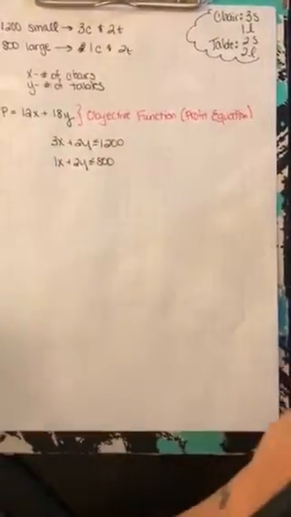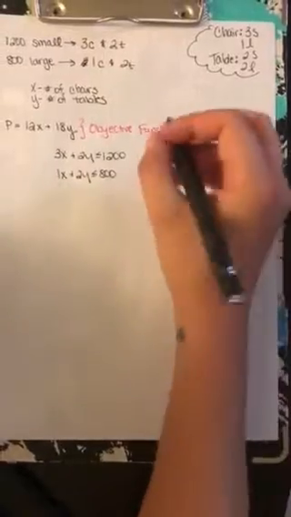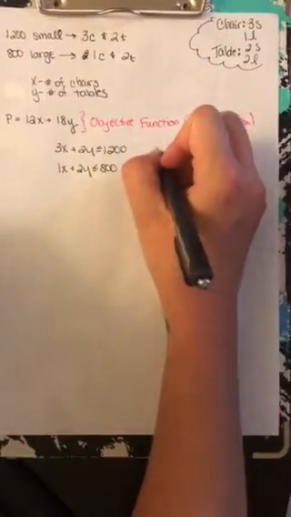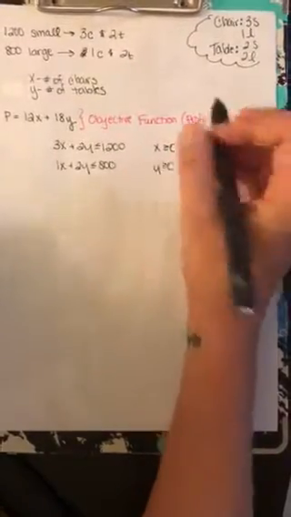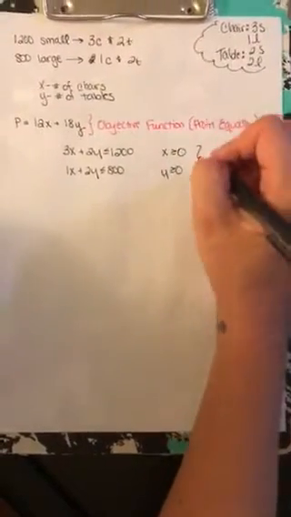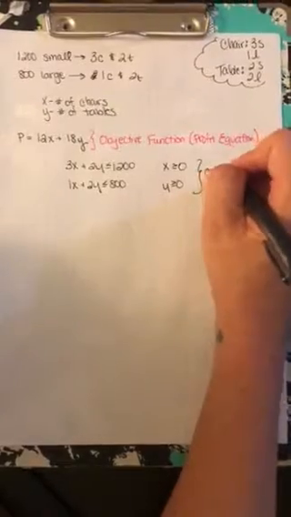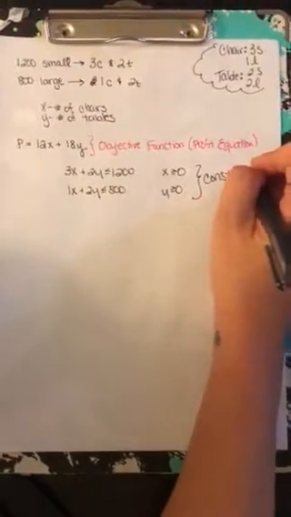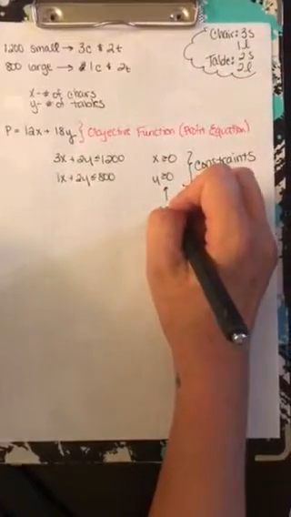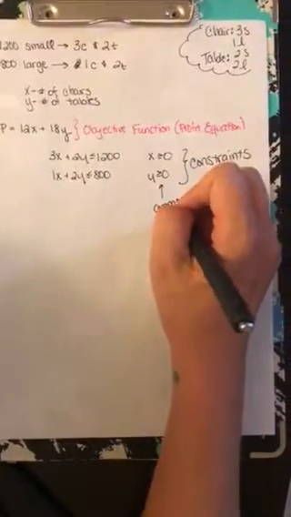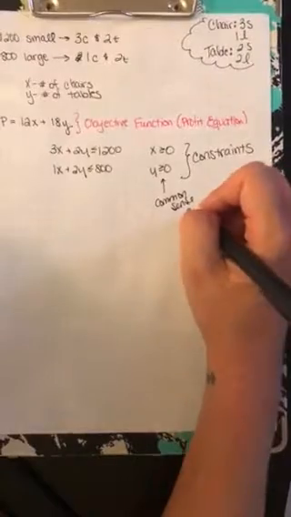Then we also talked about 2 additional constraints. Those were called our common sense constraints, and that just means that X and Y have to be greater than or equal to 0 because we can't have negative pieces. Okay, so all 4 of these inequalities are our constraints, and then these 2 were called the common sense, simply because they make common sense. We can't have negative pieces.